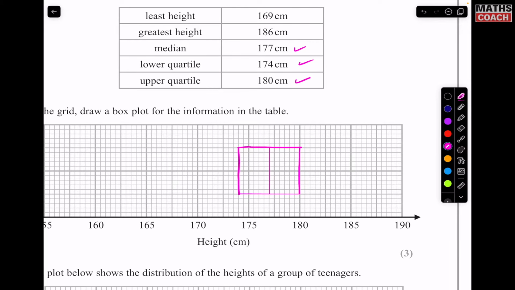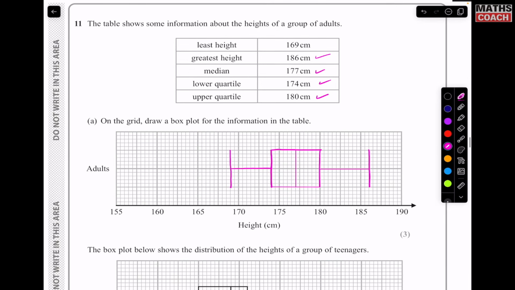So the greatest height is 186, which is right there. And the least height is 169, right there. And there you have it. My box plot is done for part A, which is the adults.